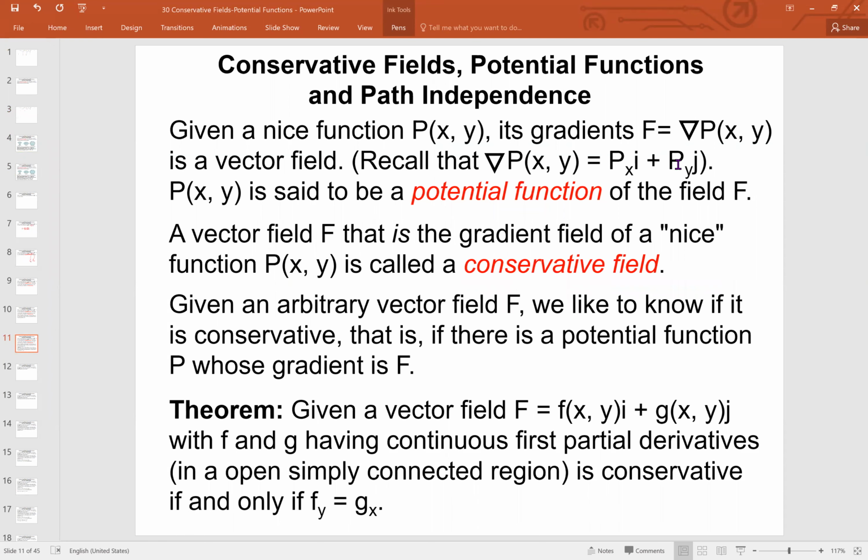So if I'm given a vector field, how can I tell it is the gradient of some function p? I have to check that the partial derivative of the i component with respect to y is equal to the partial derivative of the j component with respect to x. In other words, the original mixed partials of p, xy and yx, have to be the same.